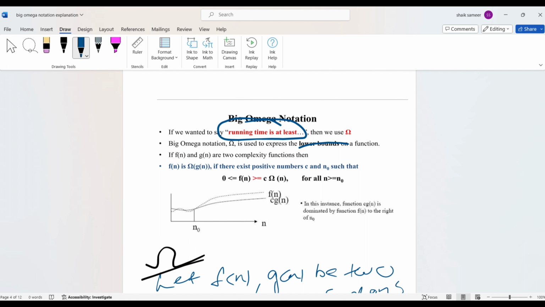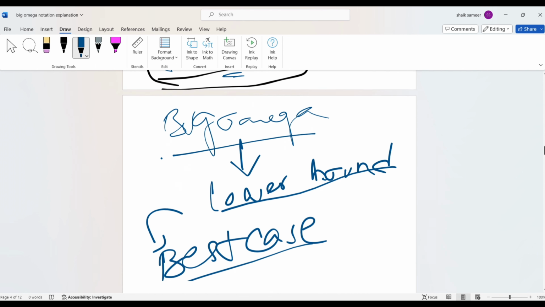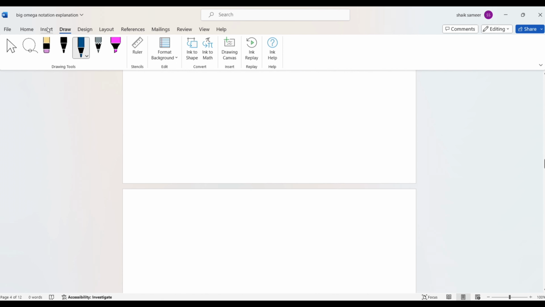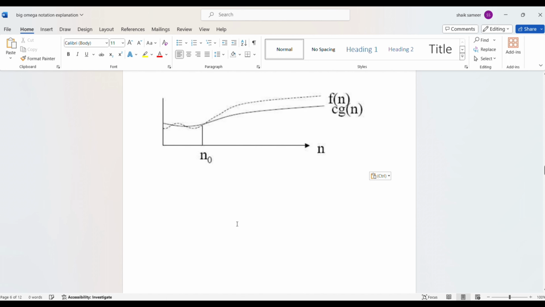This is the definition of big omega notation, and according to the definition we can draw the graph related to big omega notation. I will explain this graph.